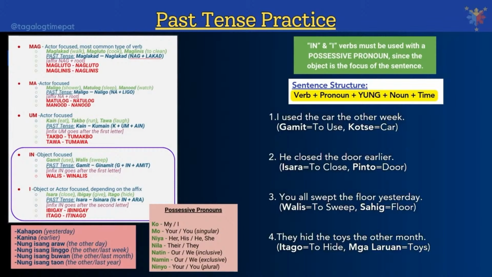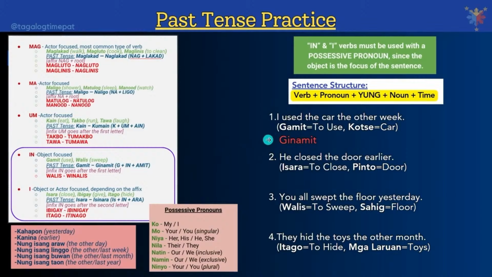So number one, I used the car the other week, and I gave you some hints. Gamit means to use. Coche means car. So let's do this one together. So the sentence structure is verb plus pronoun. So it would be ginamit. That is the past tense conjugation of gamit. Remember, for in verbs, the infix in goes after the first letter.